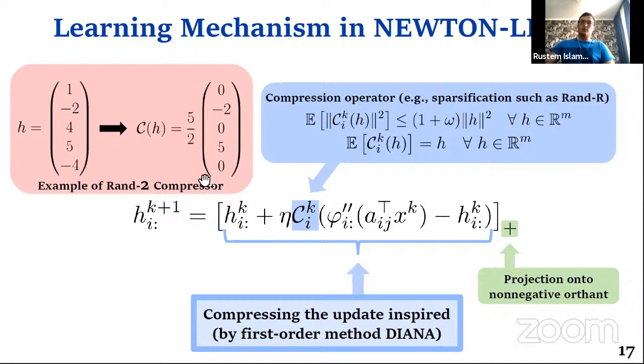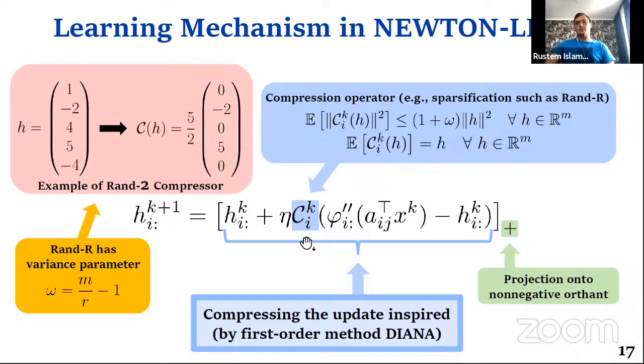So now, as you can see, this vector requires fewer bits to be broadcasted from the client to the server compared with the input. And this compressor has variance parameter omega equal to m over r minus 1. So it means that we can control this variance.